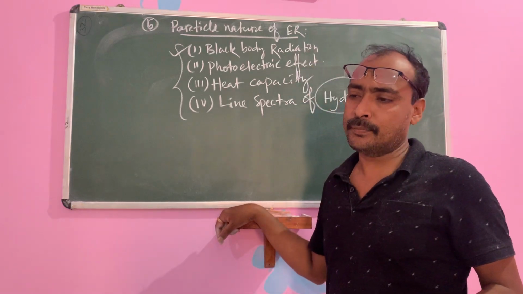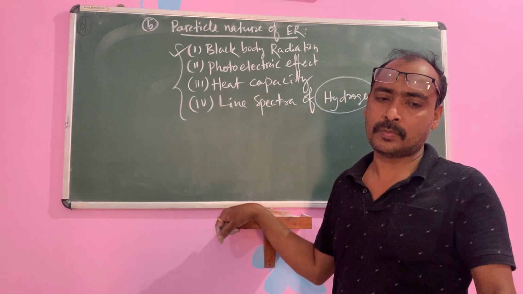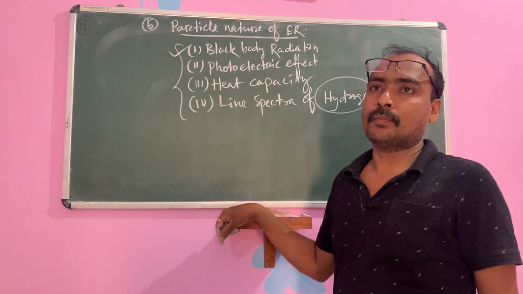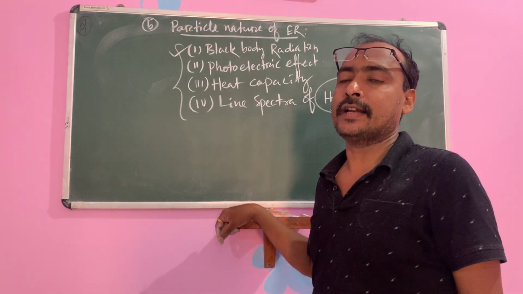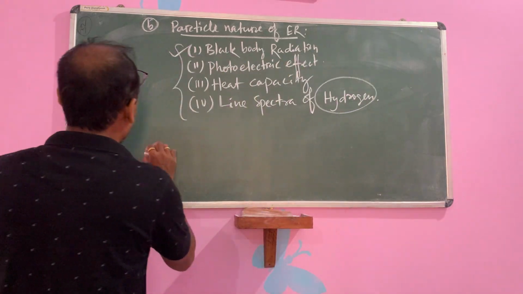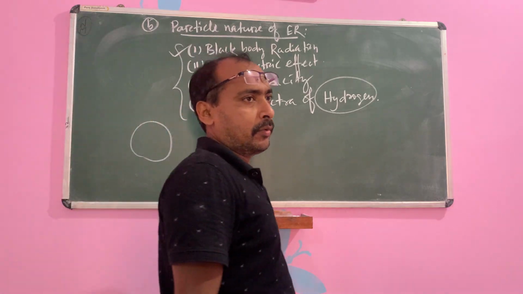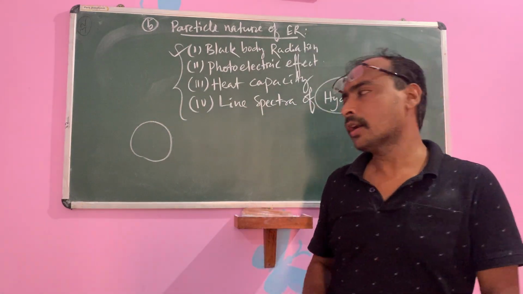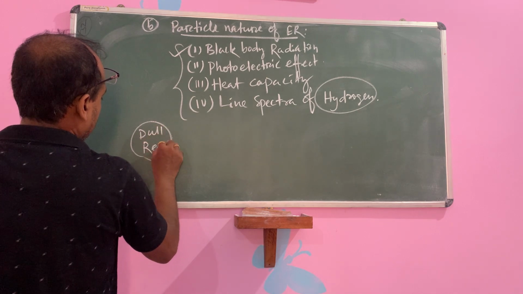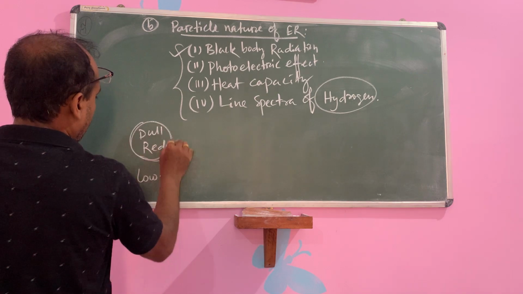That ideal body is known as a black body, and the radiation is known as black body radiation. One example is the relationship between radiation and temperature. Suppose at low temperature, an iron or metallic ball is dull red.